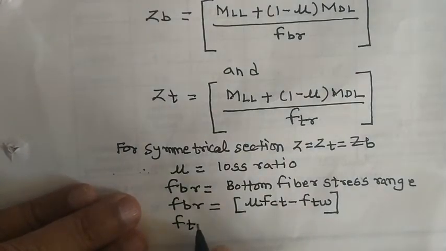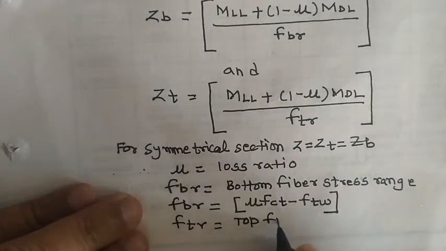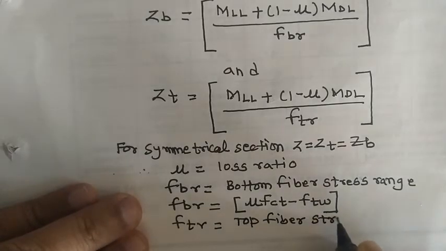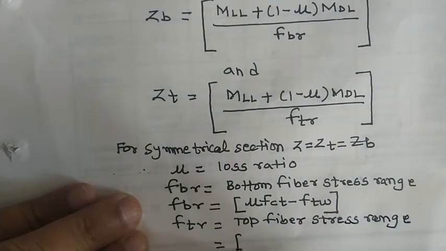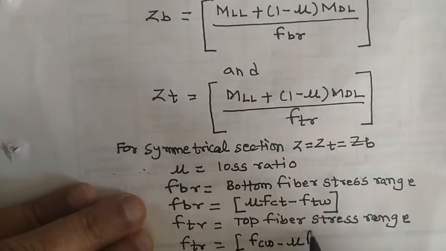Then FTR is the top fiber stress range. How is it calculated? FTR is calculated using this formula: FCW minus mu into FTT.